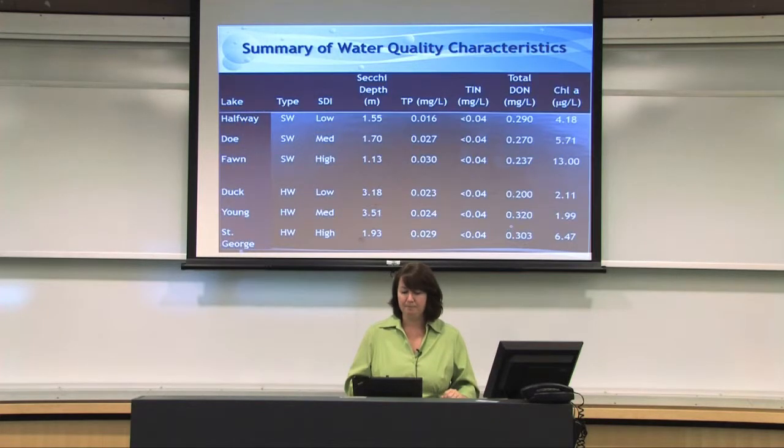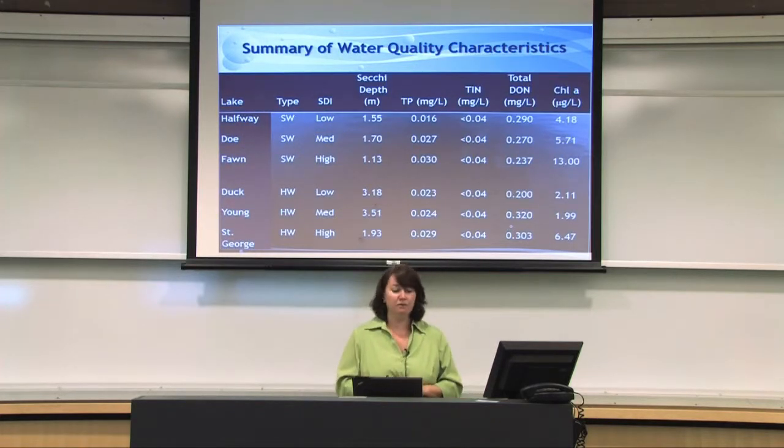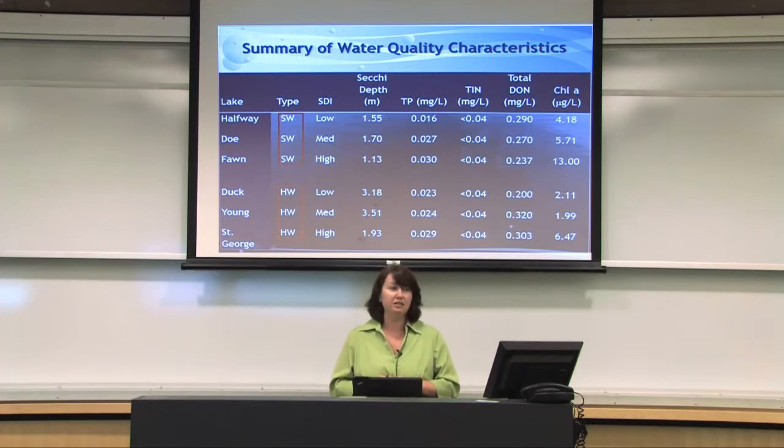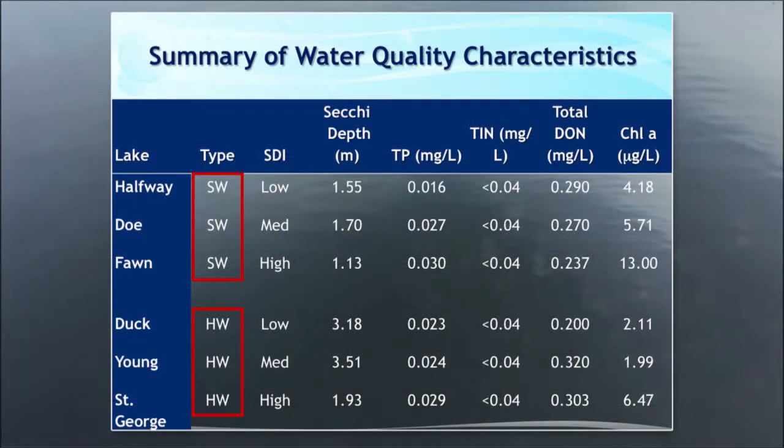Okay, so this is a table full of numbers, and really all I'm attempting to do here is show you trends. There's no expectation for you to look at each individual number. You'll note that I've grouped the lakes into soft water and hard water, and ordered them from low to high shoreline development intensity.